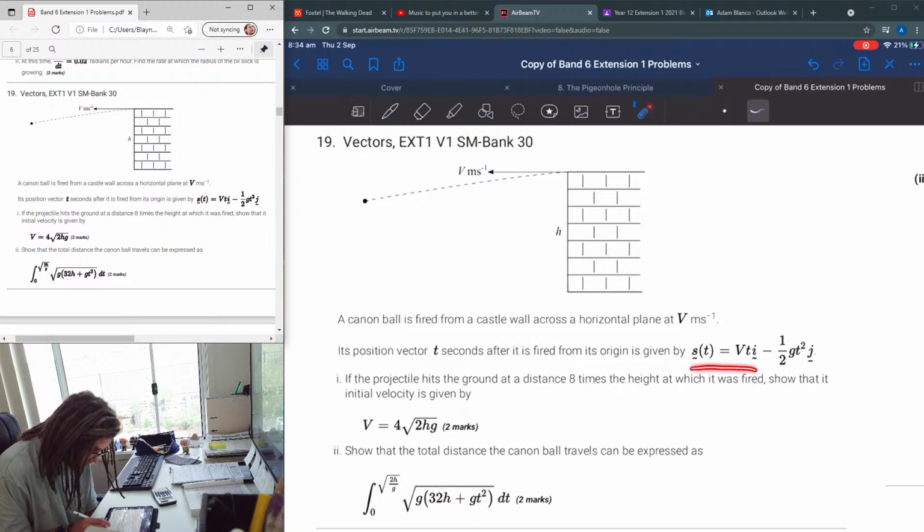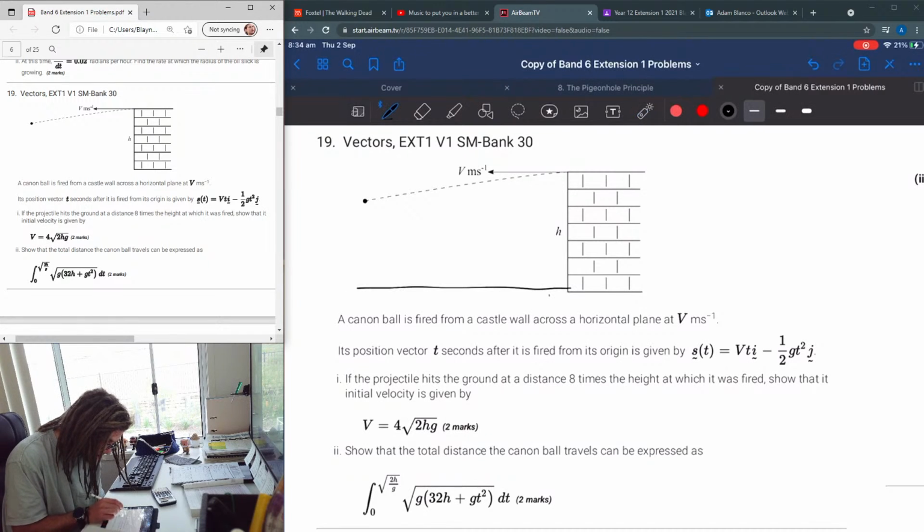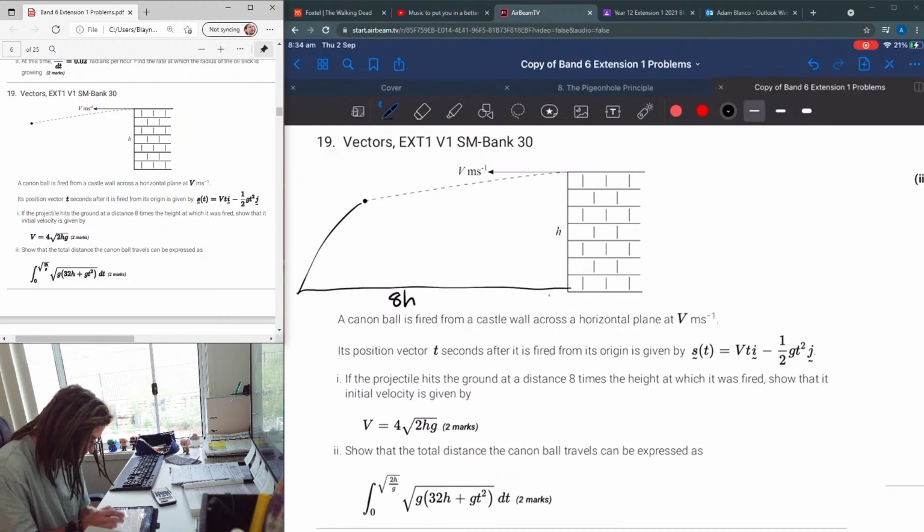Here's our position vector, S. If the projectile hits the ground at a distance 8 times the height, so this distance here is going to be 8h, show that its initial velocity is this.